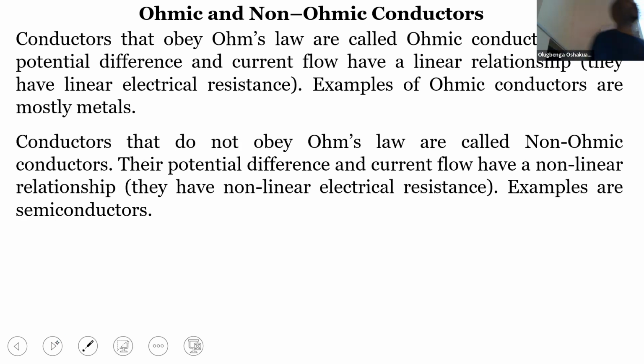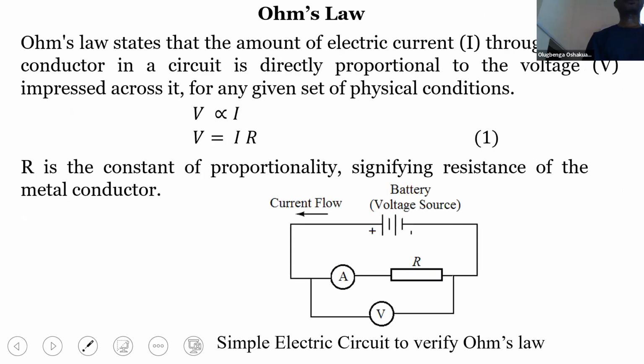Conductors that do not obey Ohm's law are called non-ohmic conductors, and the relationship between the current flow and the voltage supply is not a linear relationship. If you look at Ohm's law here, you'll see a linear relationship between the voltage and the current.